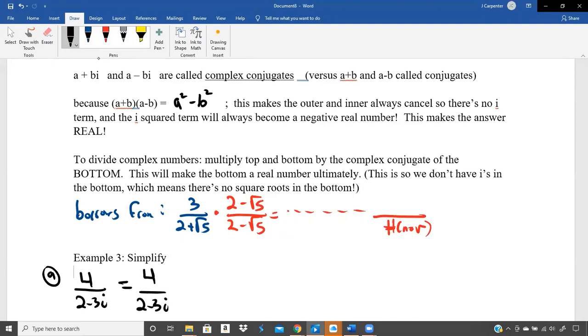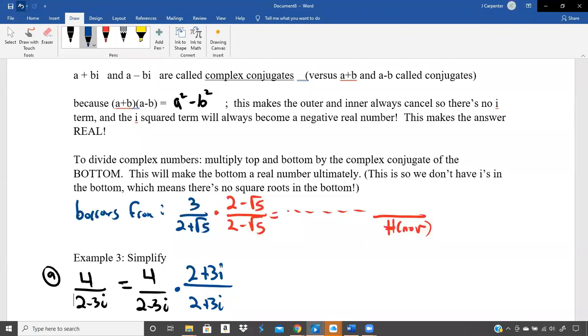So I got an i in a denominator, which means I have to go through with this process. Multiply top and bottom by the conjugate of the bottom. All it means is take all these terms, the 2 and the 3i, but change the minus to a plus. So 2 plus 3i in the top, 2 plus 3i in the bottom.